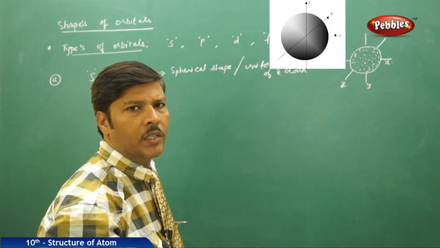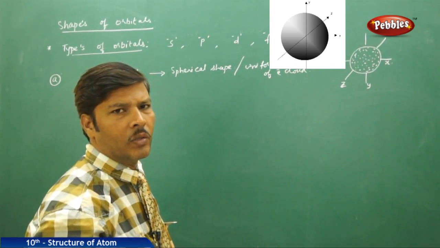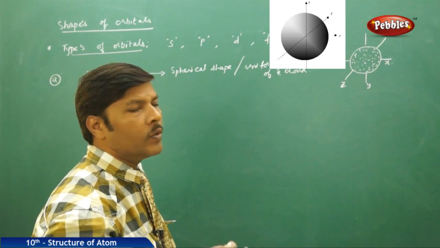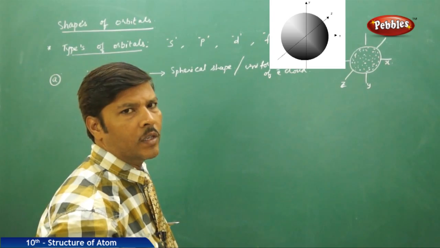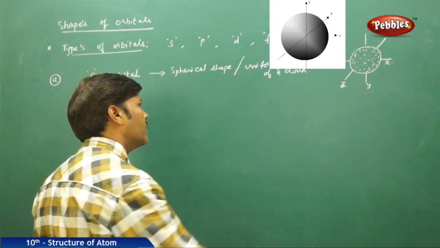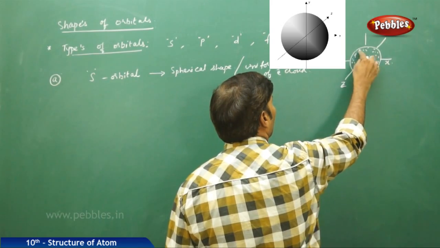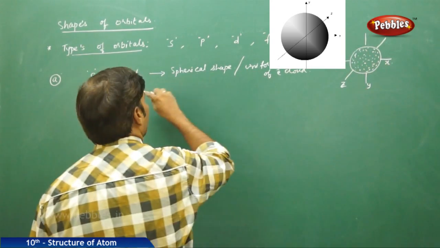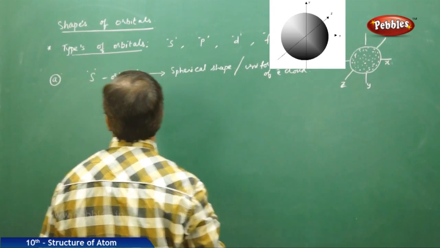We cannot differentiate the s orbital as sx, sy or sz, because the electron density is distributed uniformly throughout the volume of the spherical orbital. That is why this is called uniform distribution of electron density, and why we can say that it is spherical in shape.